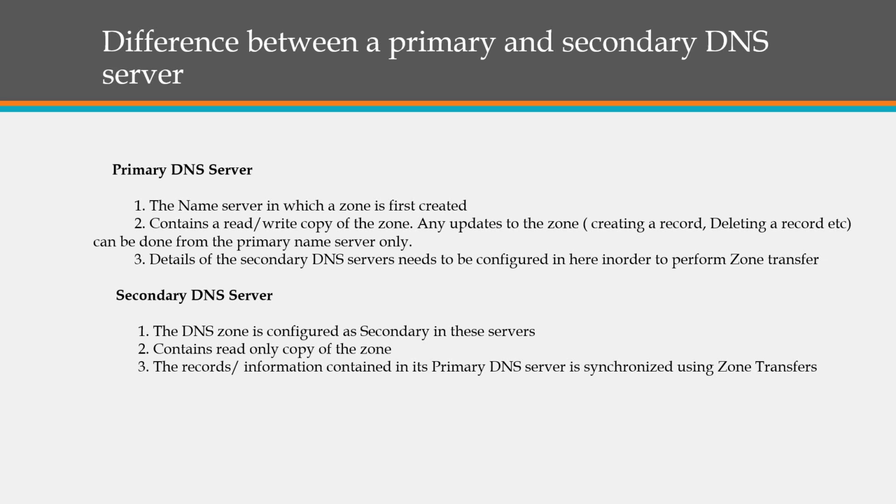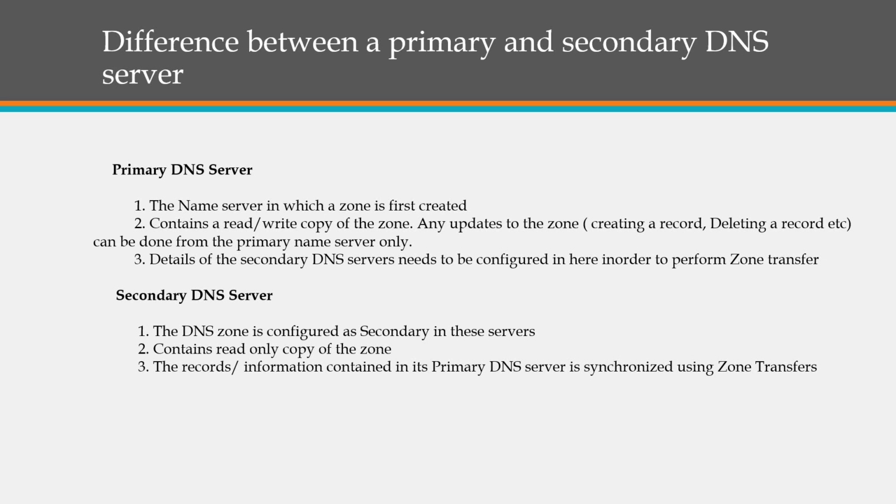But for the time being, let's understand this much: information about my secondary DNS servers has to be fed into the primary DNS server, so that the secondary will be able to perform a zone transfer, so that it will be able to sync.